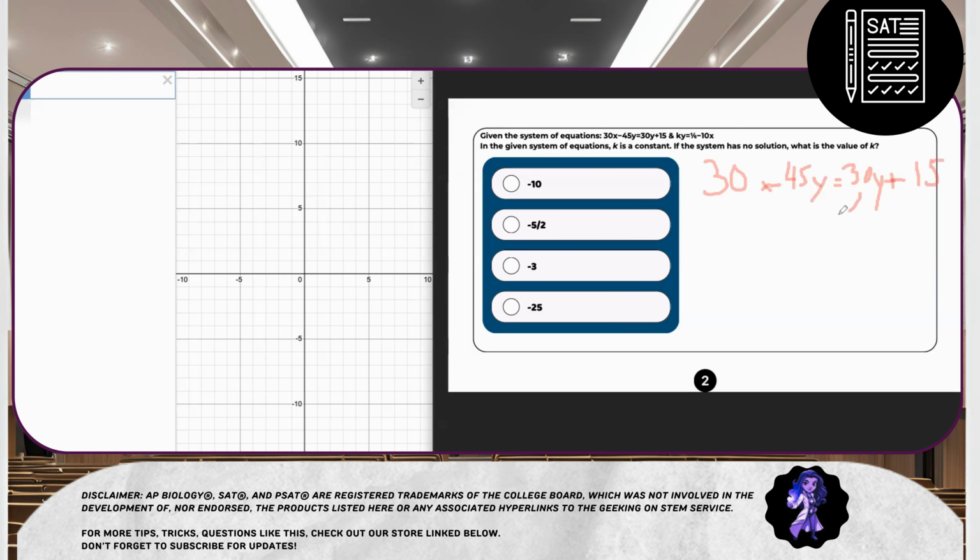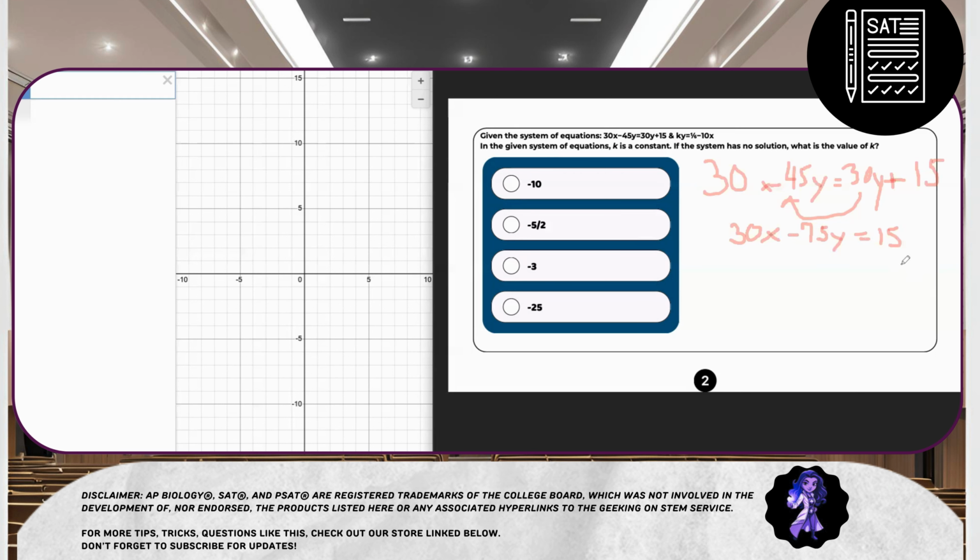Now I'm going to bring this over. So now what we have is 30x minus 75y equals 15.